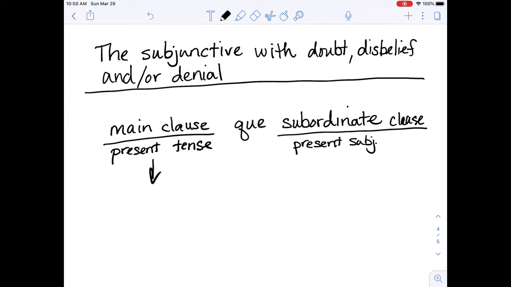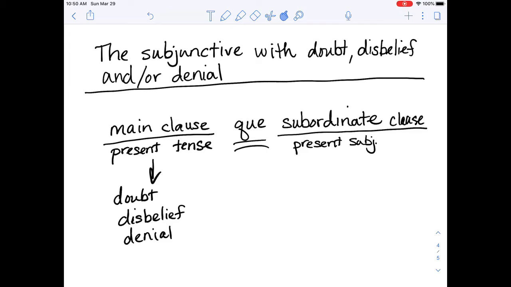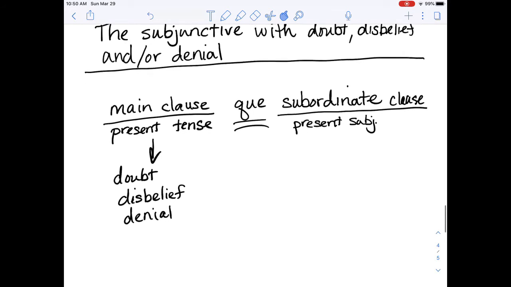And in this case, it's going to be verbs and expressions of doubt, disbelief, or denial. Again, we have que in between. Okay? So when we have a verb or expression of doubt, disbelief, or denial in the main clause, then we have to use the present subjunctive in the subordinate clause.